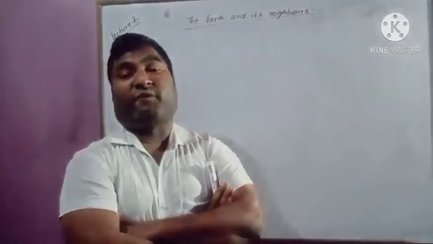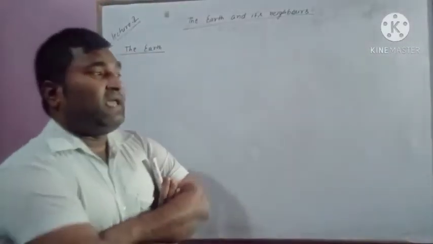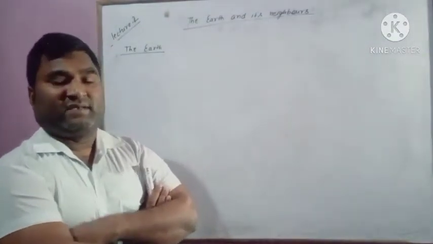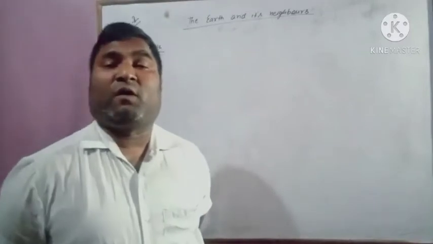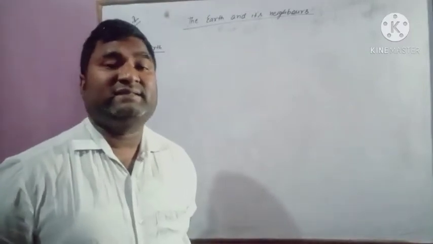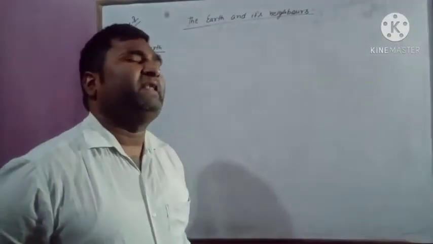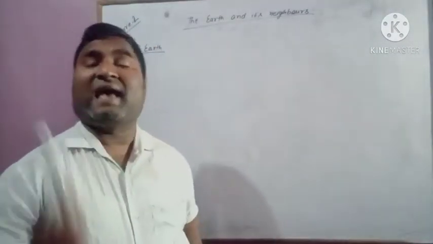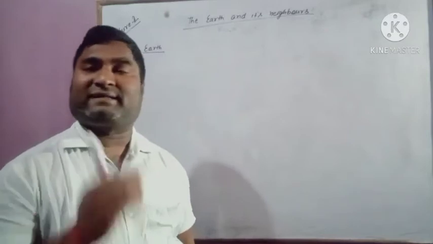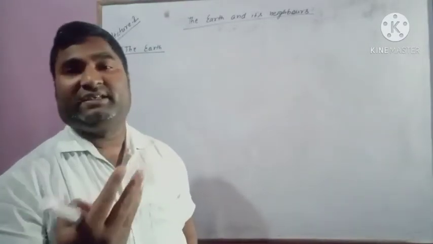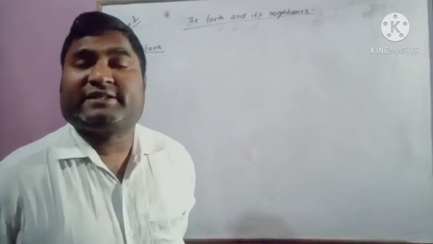When it was formed, it was a huge ball of dust and gases. And this huge ball of dust and gases kept spinning around its axis. While spinning slowly, it got cooled.